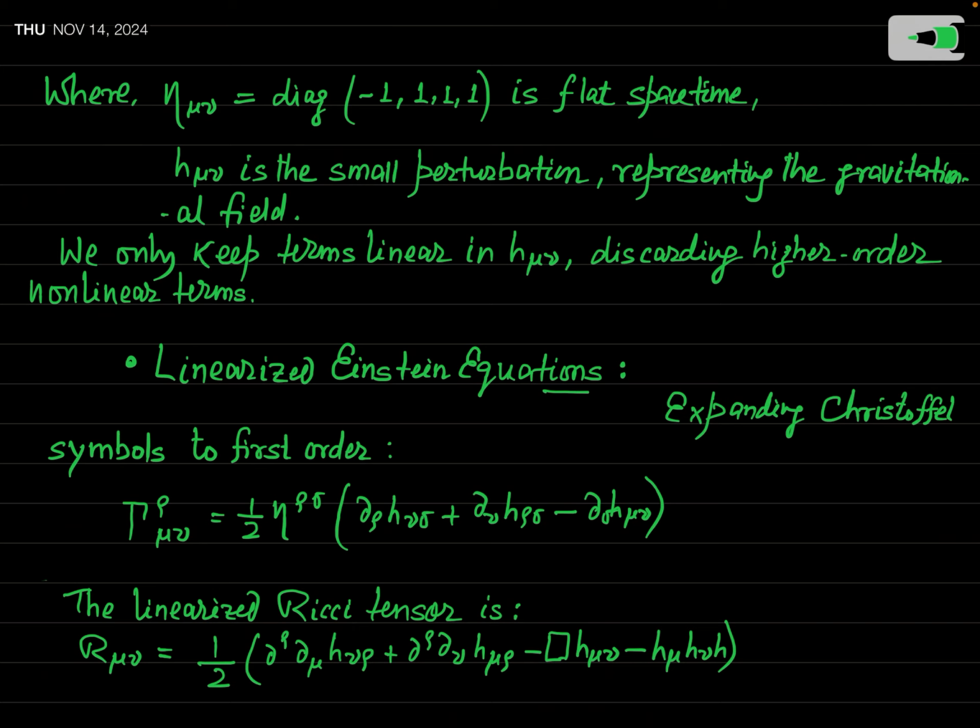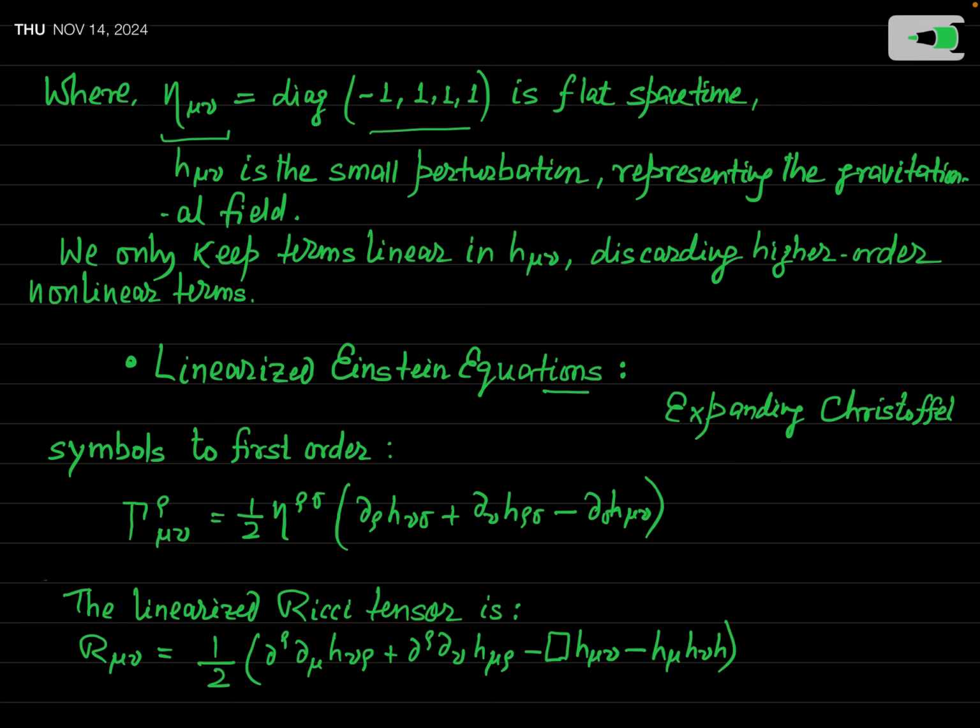And as I have told you, this eta mu nu represents the flat space-time, or the space-time defined by Newtonian theory. It is a 4 by 4 diagonal matrix. Its diagonal elements are these.